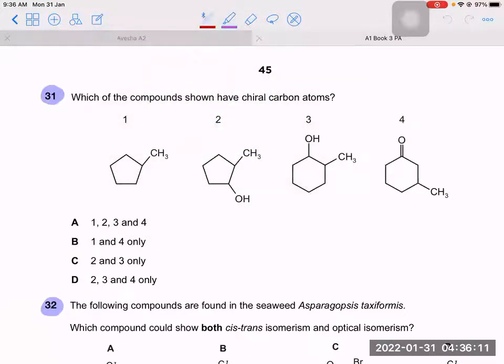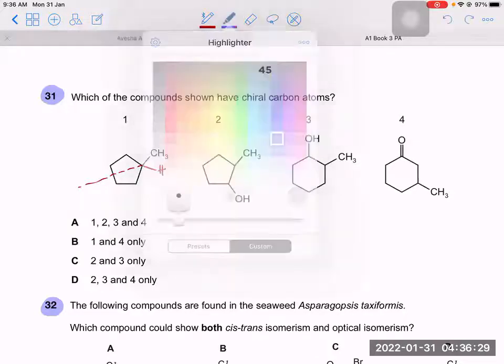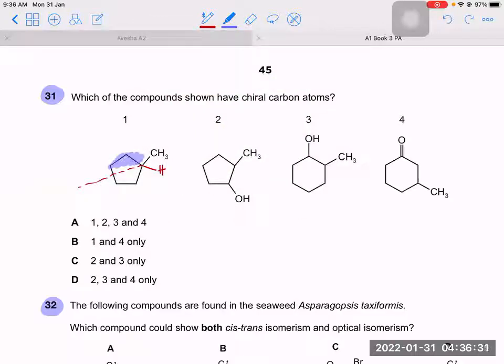Which of the compounds shown have a chiral carbon atom? All right. So none of these can be chiral. We know that. Yes. We can check for this one. So you make a line of symmetry. So this has a CH3 and H. So here we have how many carbons? On this side, 2.